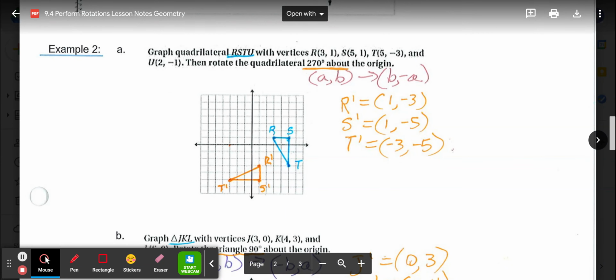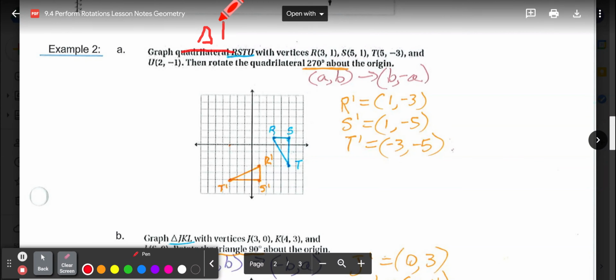First off, I did not graph this as a quadrilateral, so you can change your directions here. Get rid of quadrilateral, change it to triangle RST, because you can tell from looking at my graph, I did not graph point U, so I just did triangle RST. So here, graph triangle RST.